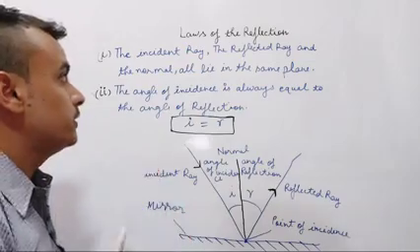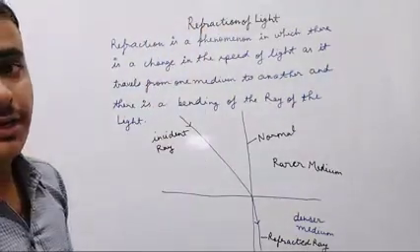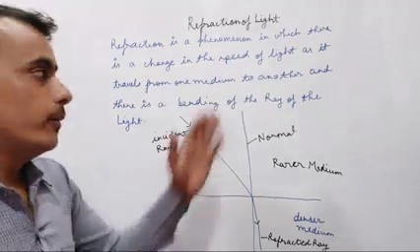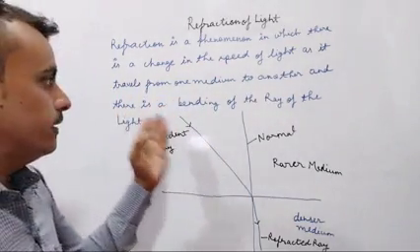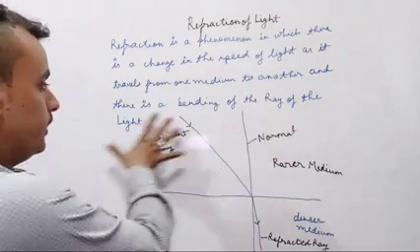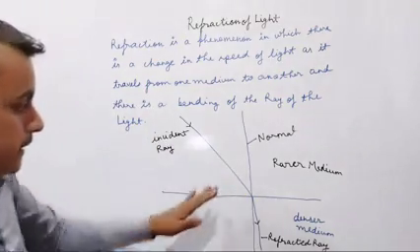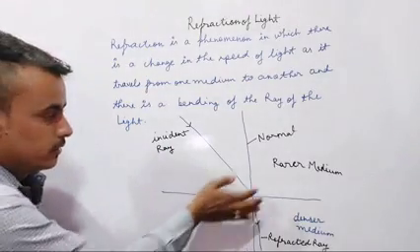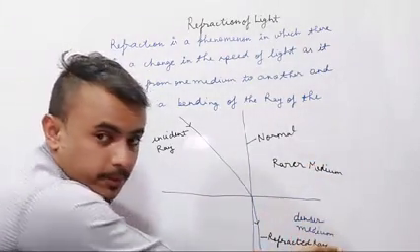And the next topic is refraction. What is the refraction of light? Refraction is the phenomenon in which there is a change in the speed of light when it travels from one medium to another medium, and there is a bending of the ray of light. The first medium is the rarer medium and the second one is the denser medium.